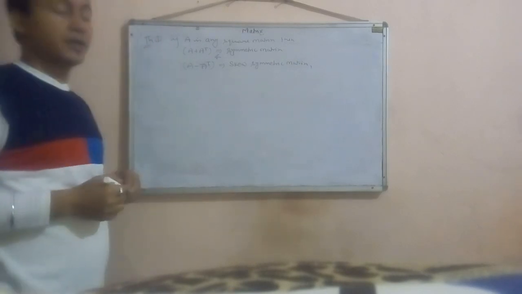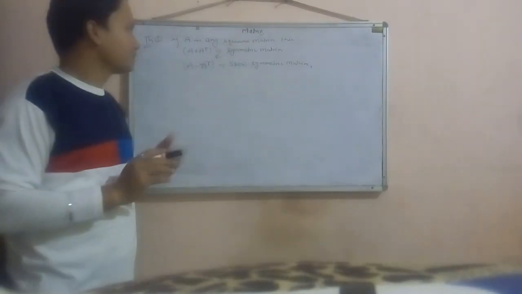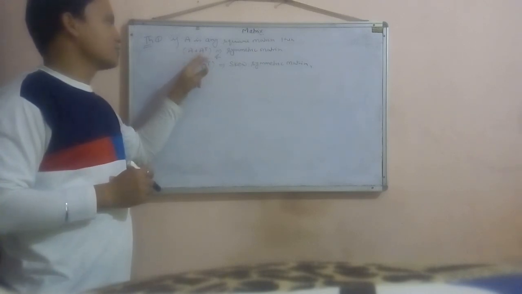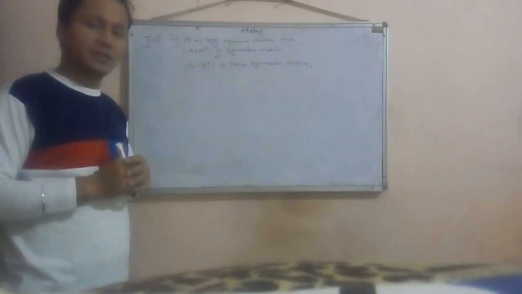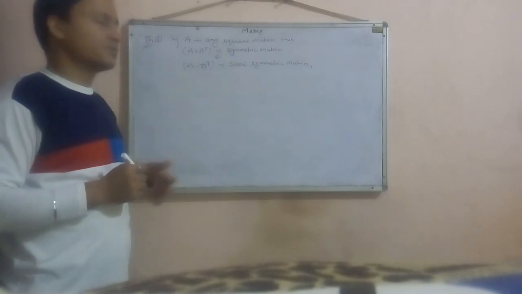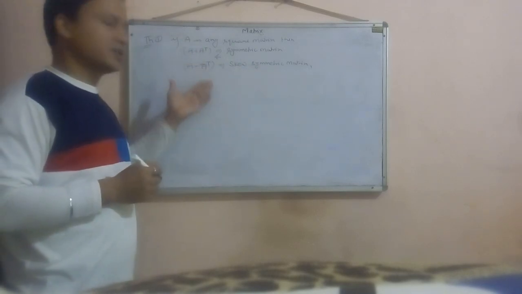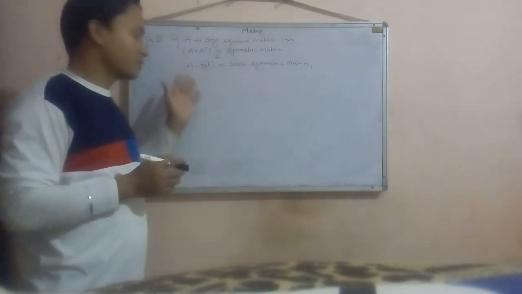If A is any square matrix, then A plus A transpose will always be a symmetric matrix, and A minus A transpose will always be a skew symmetric matrix. We will discuss both conditions with the help of an example.